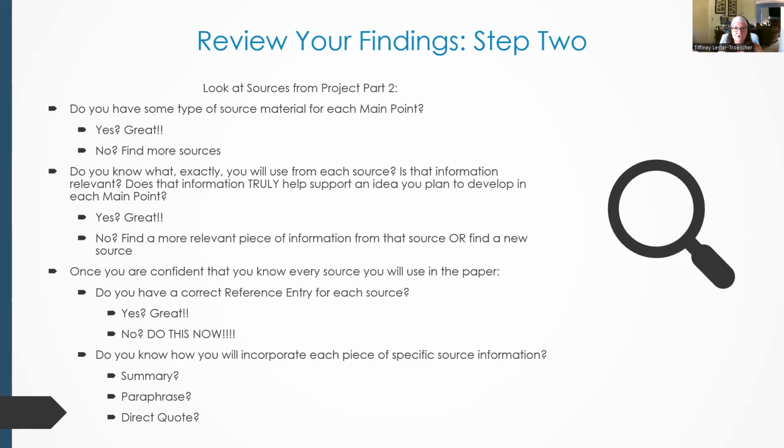A lot of students will just throw in a random sentence or two from their source. And I read the source and I'm like, why would they pick that when there's all this other useful information, way more relevant than what they included?